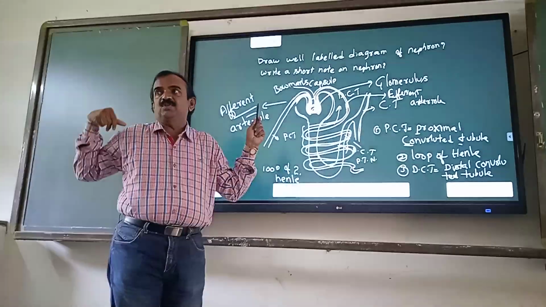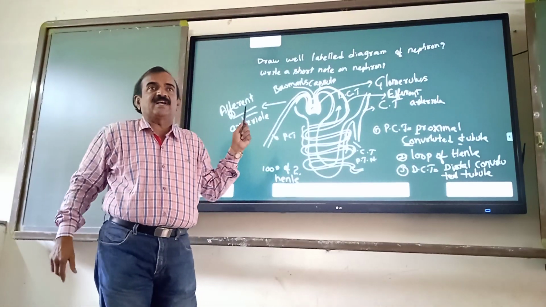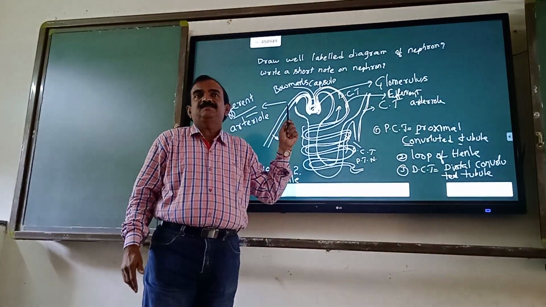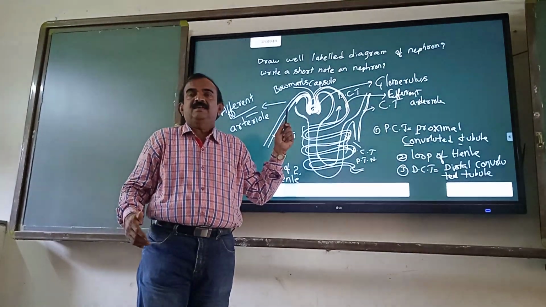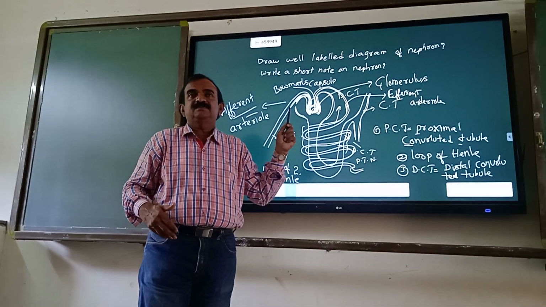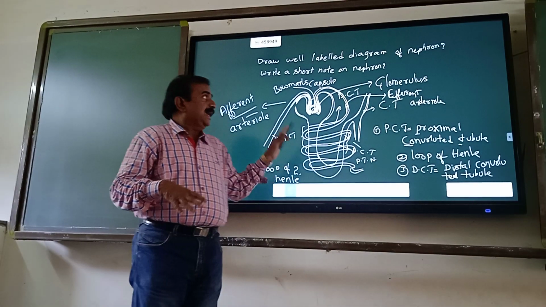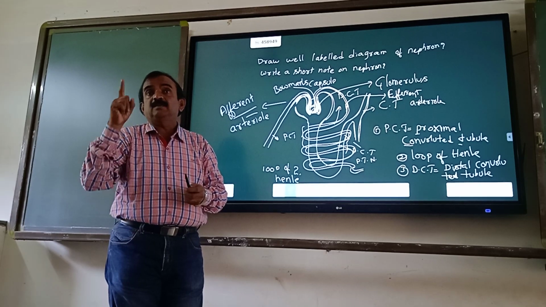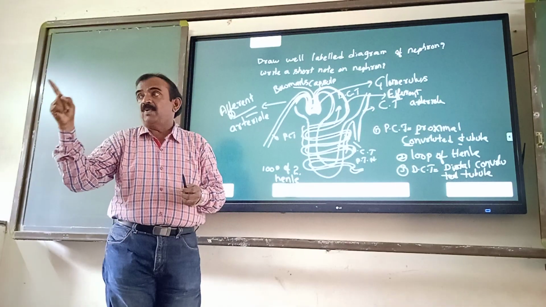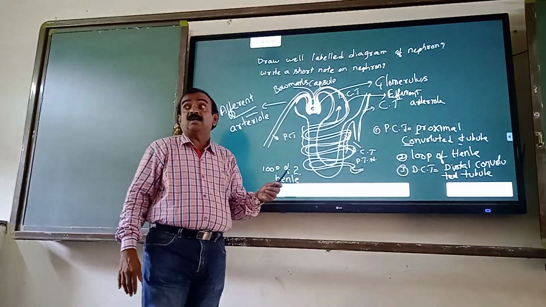In the abdomen, attached to the dorsal body wall on either side of the vertebral column. How many kidneys are there? Two. What is the length of the kidney? What is the breadth of the kidney? 5.6. What is the thickness of the kidney? 4 centimeters. Okay. In each kidney, how many nephrons are there? 1.3 to 1.8 million nephrons.